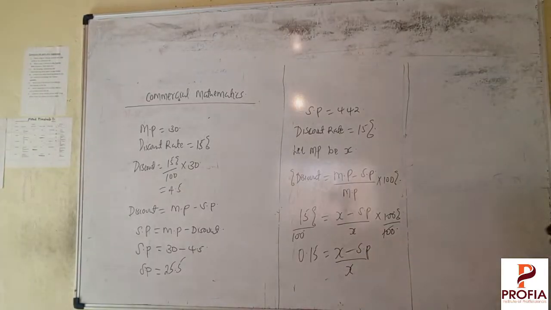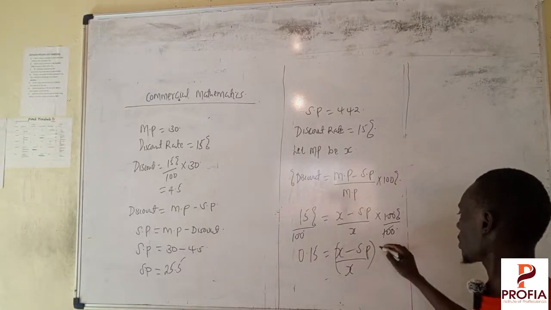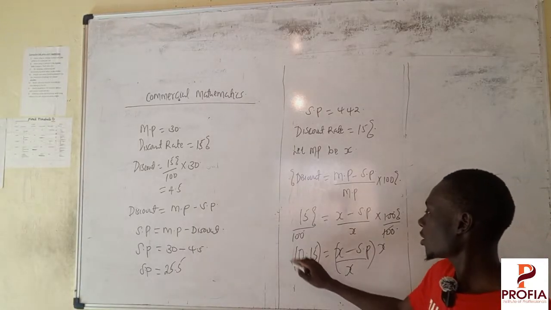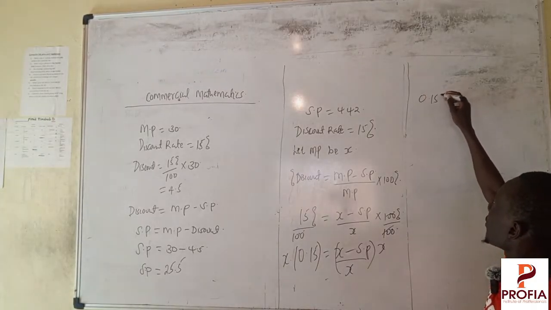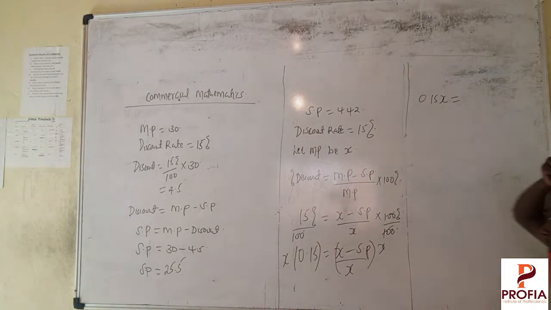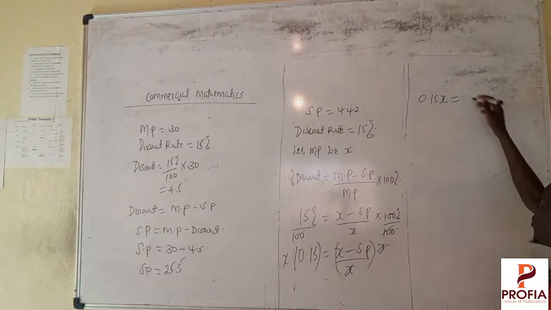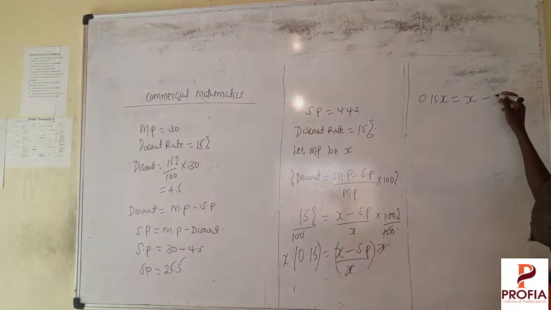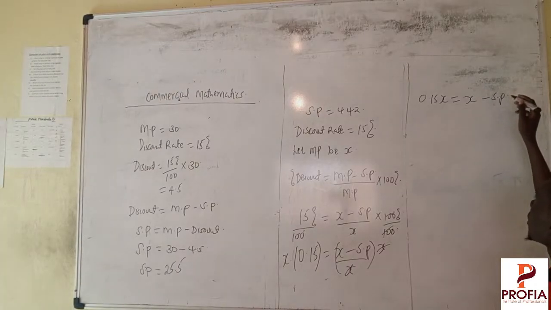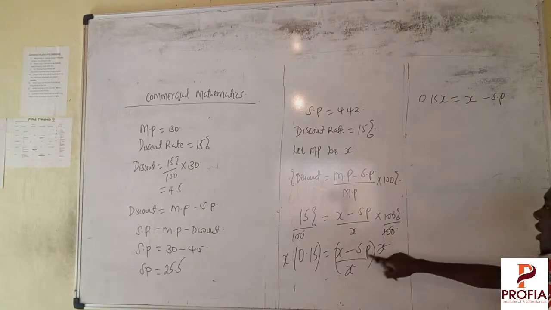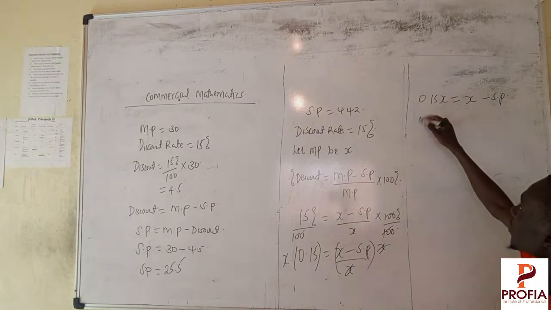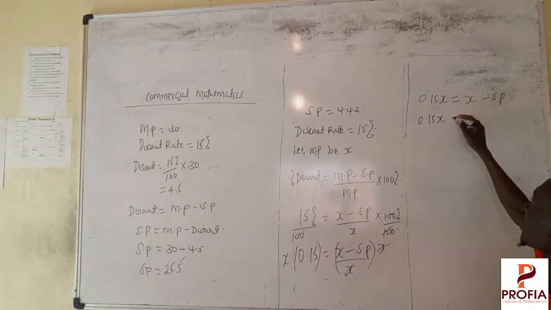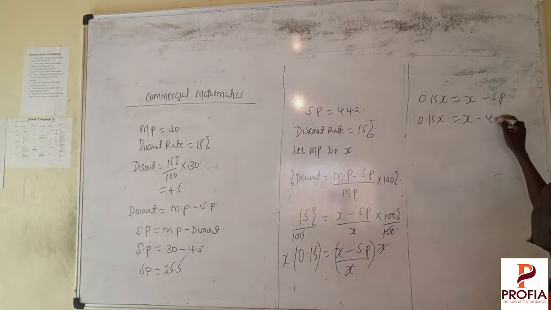Then we remove this x by multiplying both sides by x, which gives 0.15x is equal to x minus SP, of which SP we have as 442. So 0.15x is equal to x minus 442.